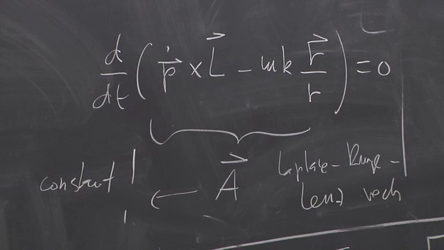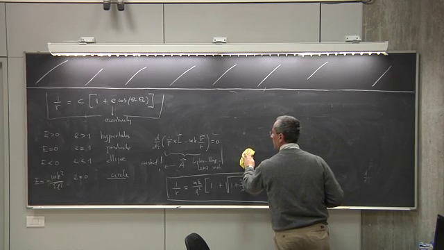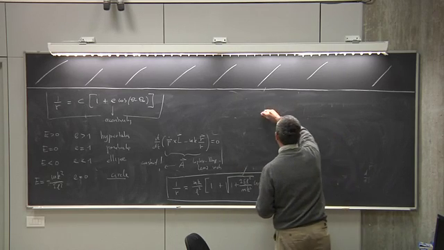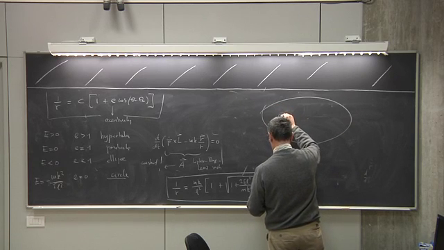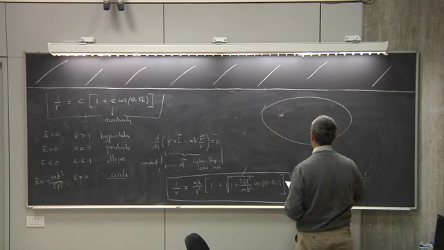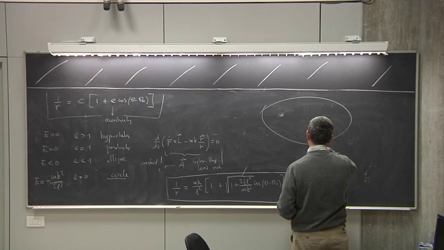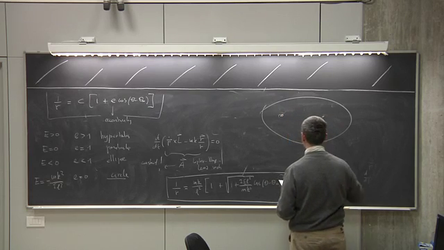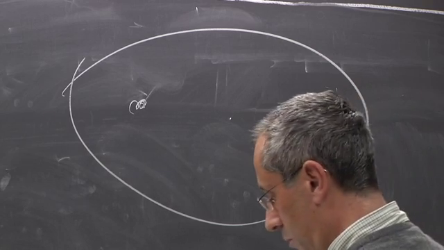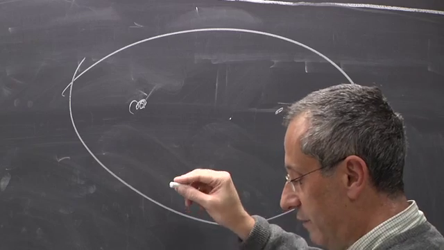So for instance, if I look at the Earth going around the Sun, now I know that this should be something like an ellipse, and the Sun is roughly in one of these points. So how is this vector?